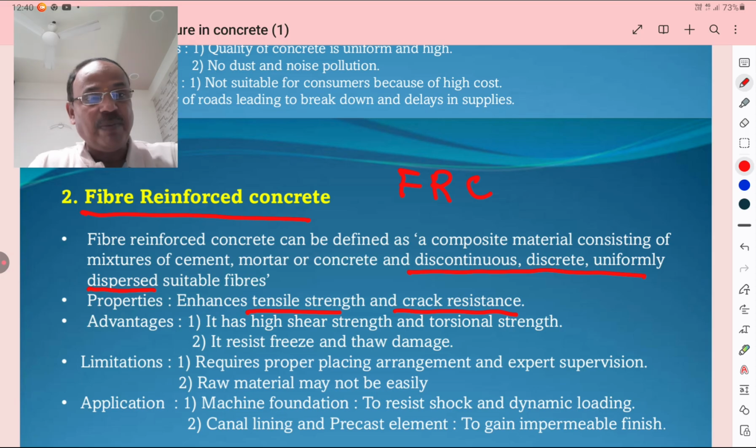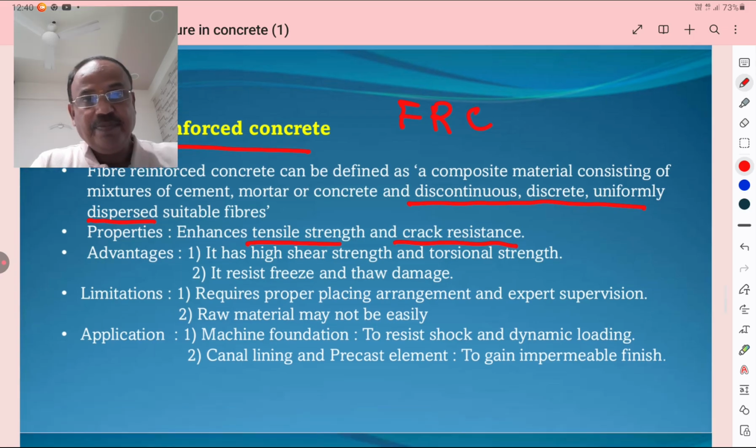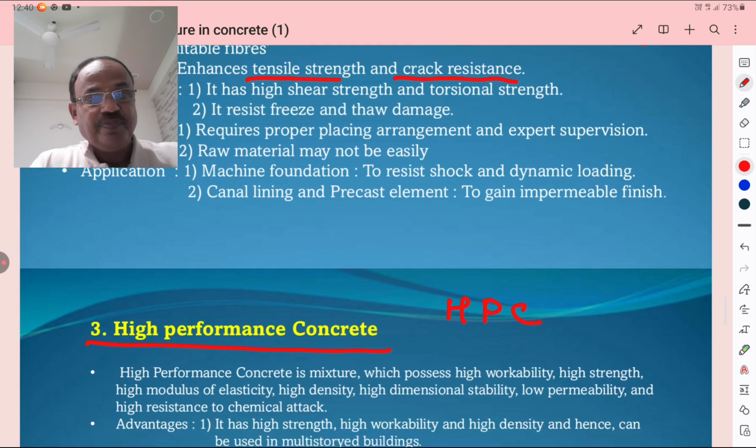It requires proper placing arrangement and expert supervision. Raw material may not be easily available. Applications: machine foundations to resist shock and dynamic loading. It can be used for canal lining and also for precast elements to gain an impermeable finish.